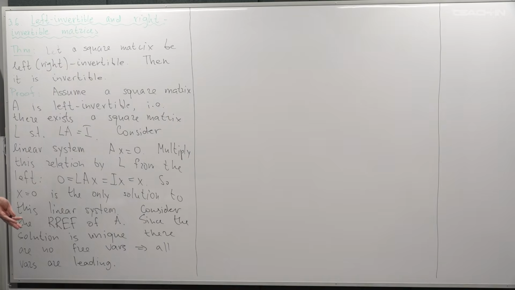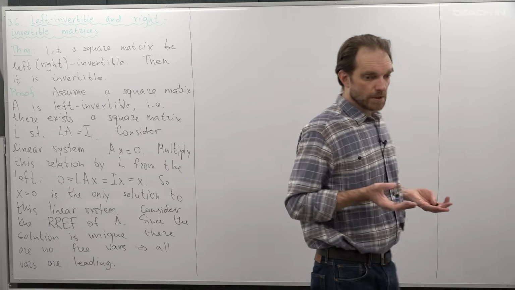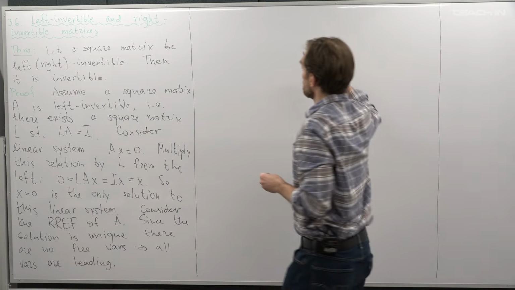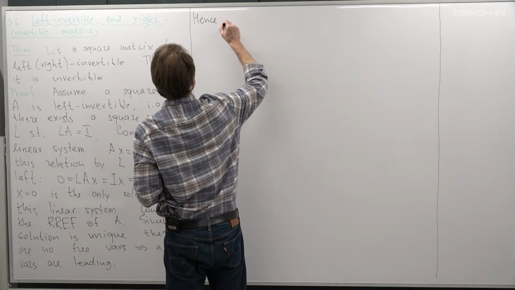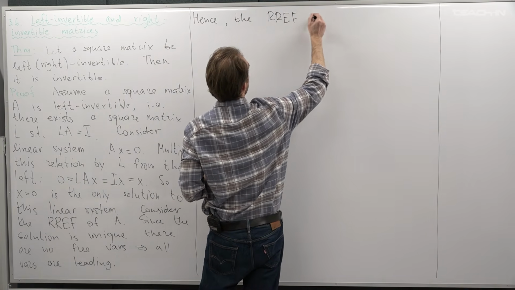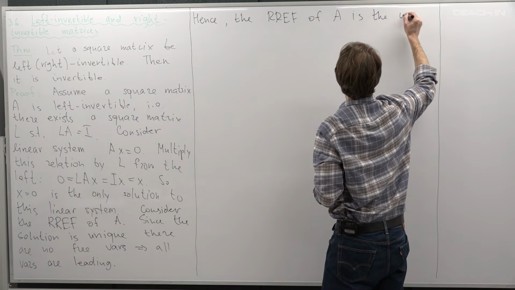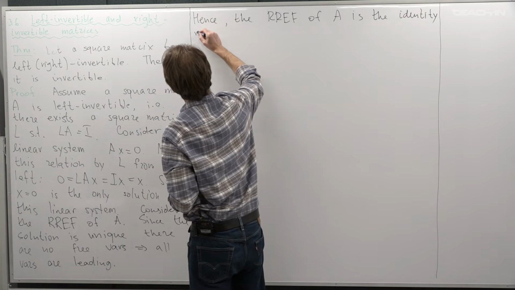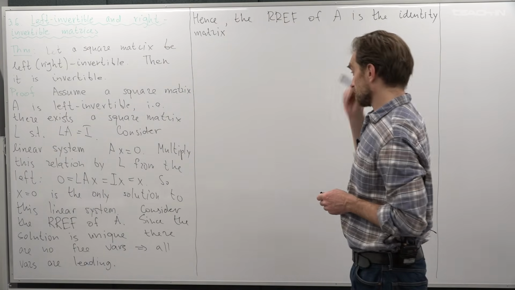So what can we say about this matrix? It follows that the reduced row echelon form of A is the identity matrix.